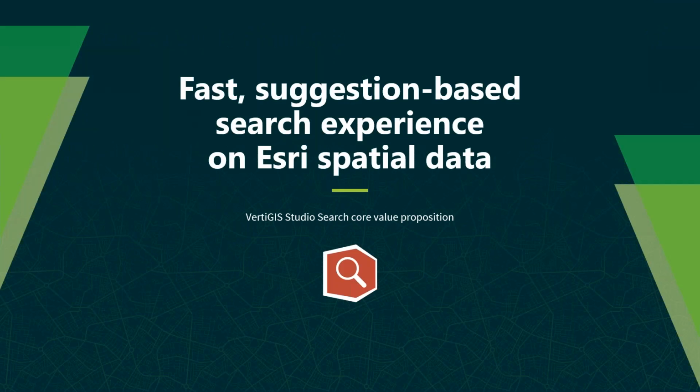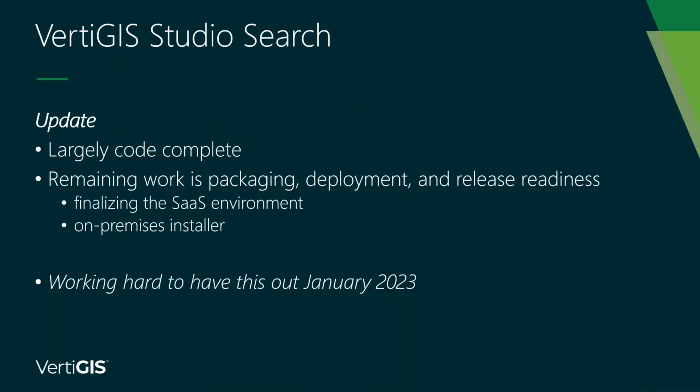Let's talk about search, VertiGIS Studio Search, which is another product that we touched on from time to time over the last year. So this is fast suggestion-based search experiences on Esri spatial data. This one similarly is largely code complete.